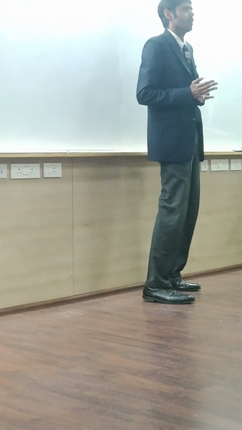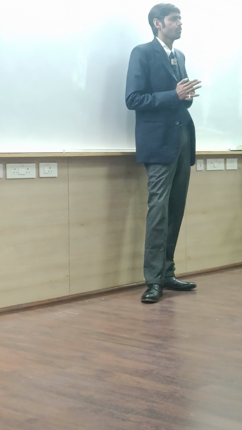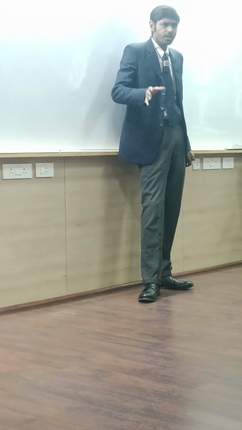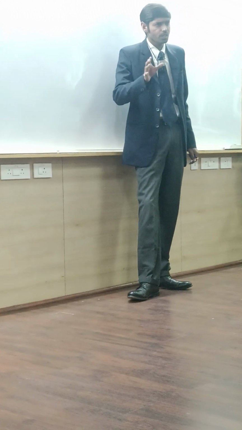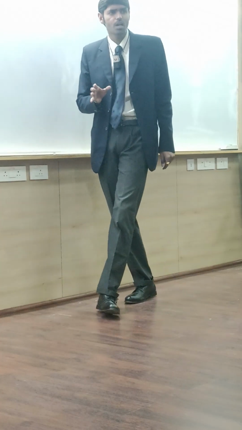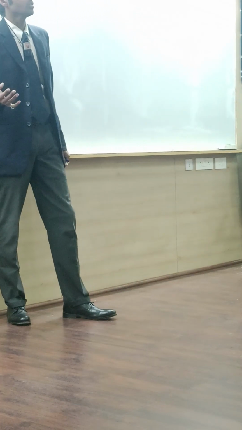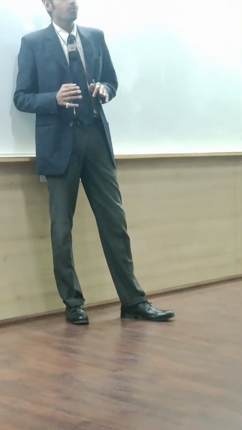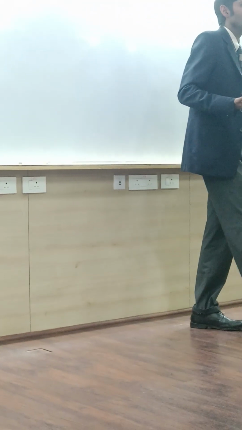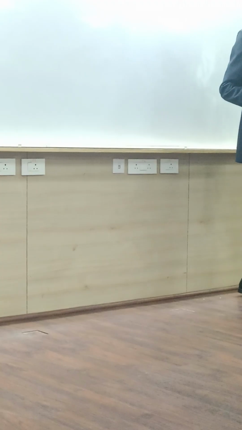Then the directive principles of state policy. If you refer to Articles 36 to 51, there are certain directive principles. Basically, these are the directions which are fundamental to the governance of the state. These directive principles are mostly socialistic welfare provisions. For example, you have a provision for equal pay for equal work.